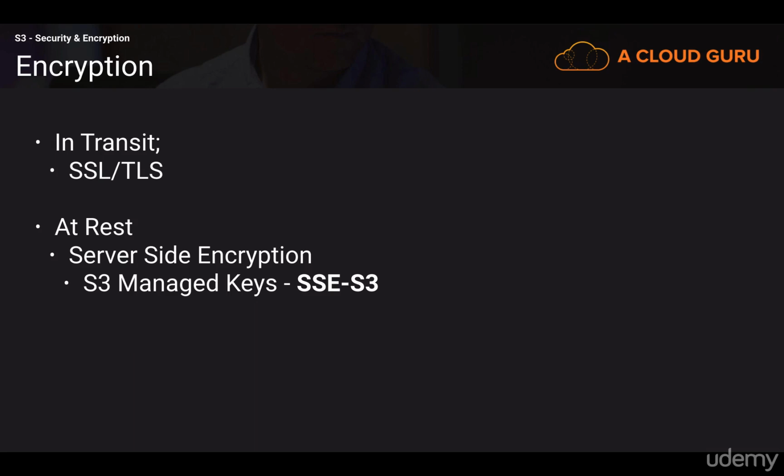Amazon handles all the keys for you. It's AES 256, Advanced Encryption Standard 256-bit, to encrypt your data, and basically you don't have to worry about it. The way you use that service is how we saw in the lab, where you just click on the object and you hit encrypt. That's the most common one, and it's known as server-side encryption S3.